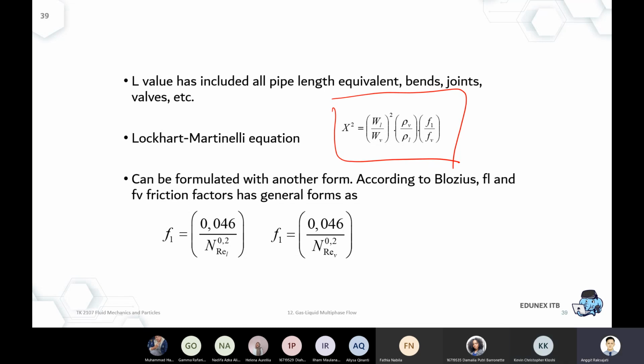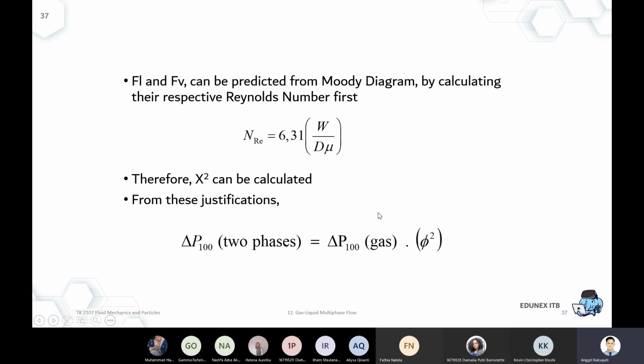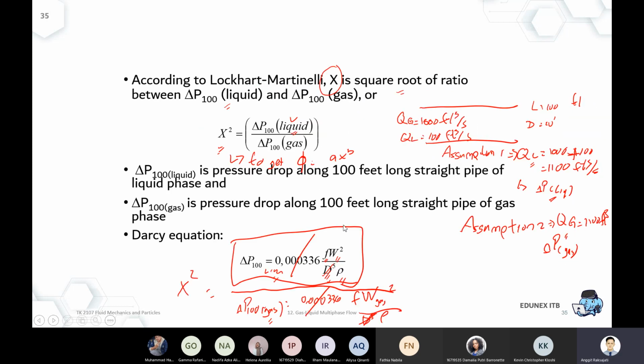Well, mostly it's coming from the straight pipeline part. So if we use the Lockhart-Martinelli correlation over here, it's not really obvious that we have the L per D part, right?